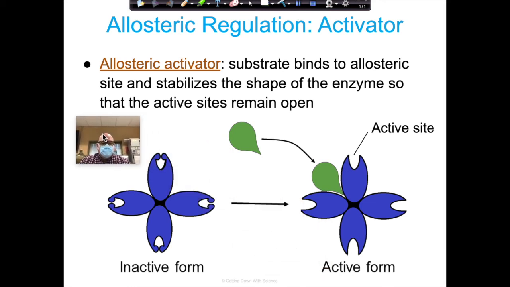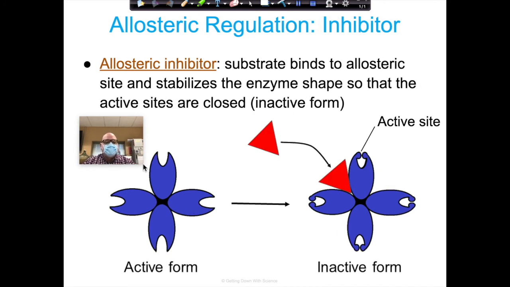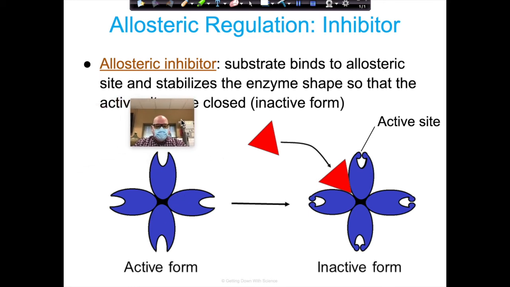Now, we can look at this another way too. Okay, these are the same shape, but they're meant to be different enzymes. All right, now look at this one. It starts in the active form. Then, if you look straight down here underneath me, that is where something would bond with this enzyme.